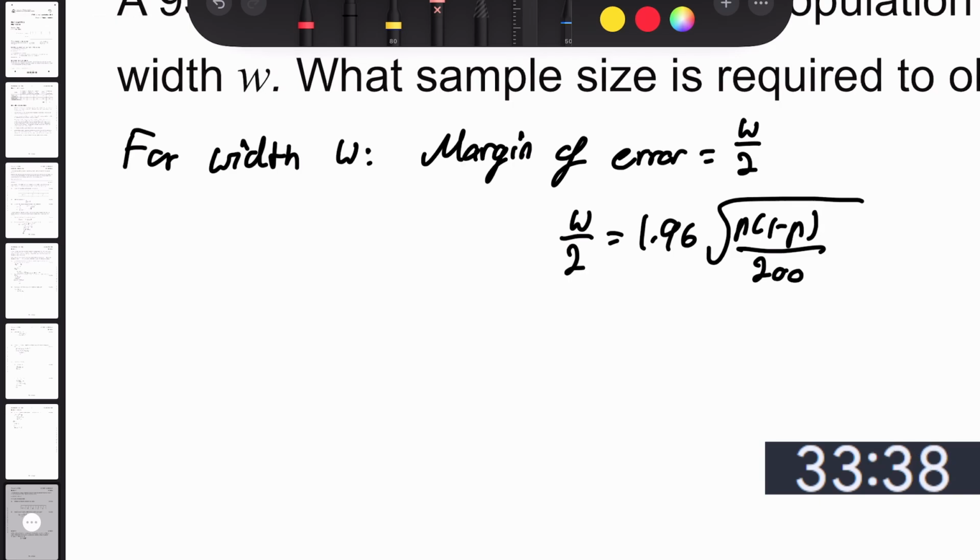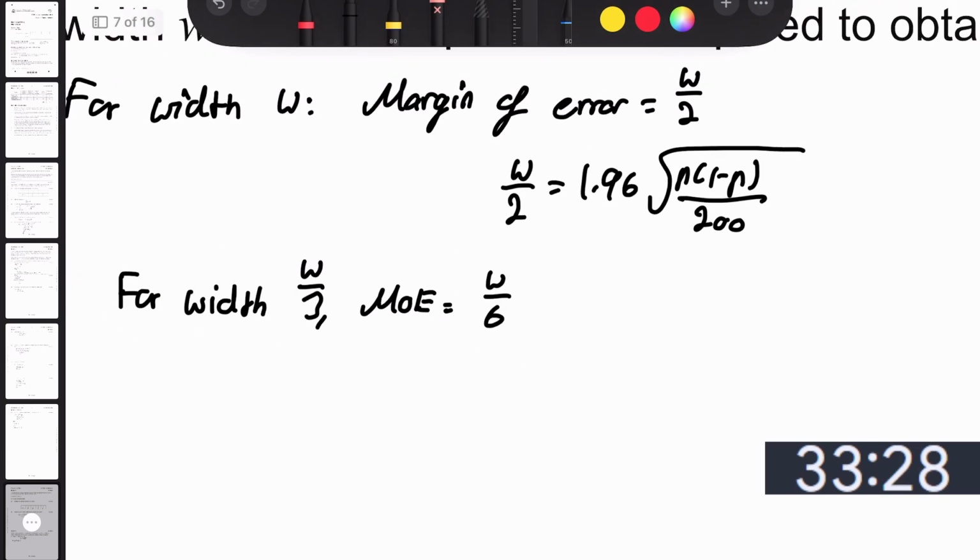So for width W on 3, margin of error is equal to W on 6, which is equal to W on 2 times 1 on 3.